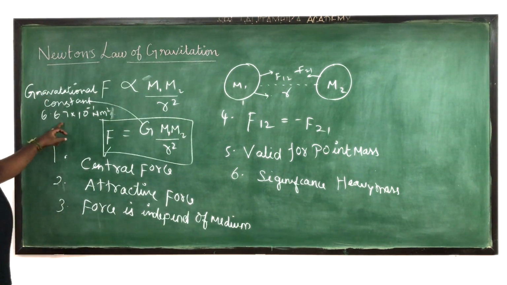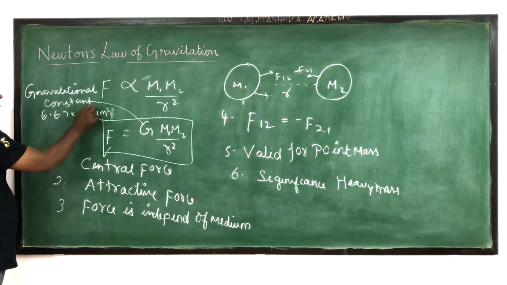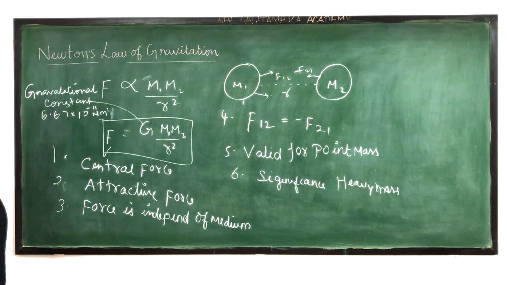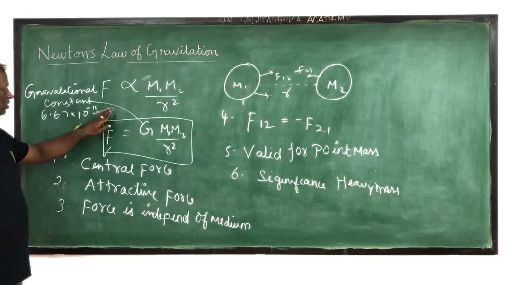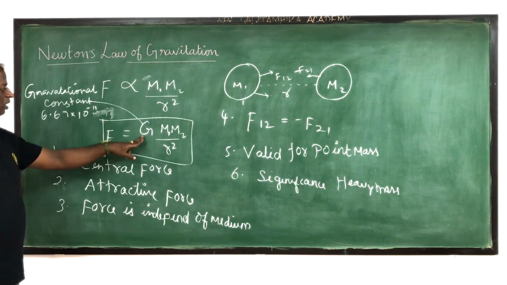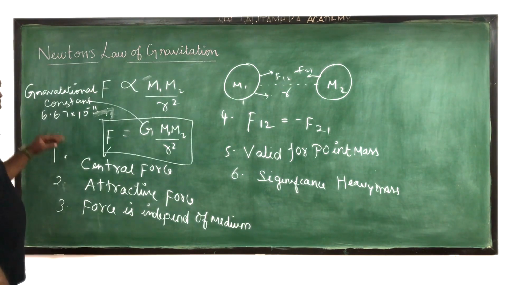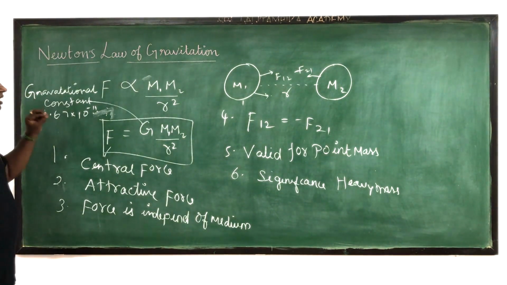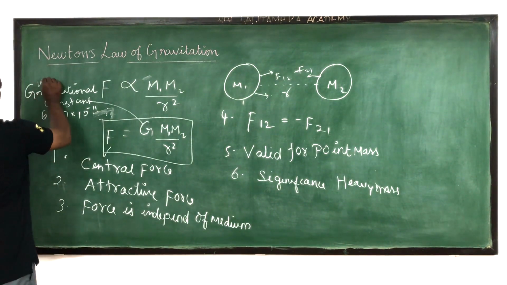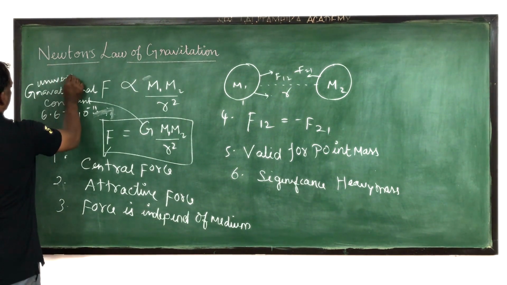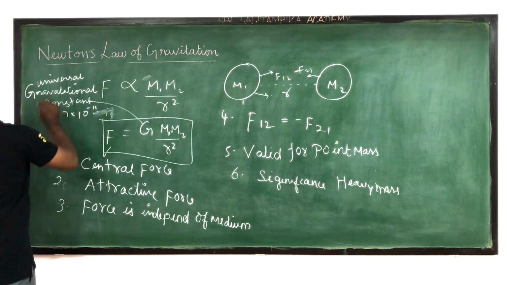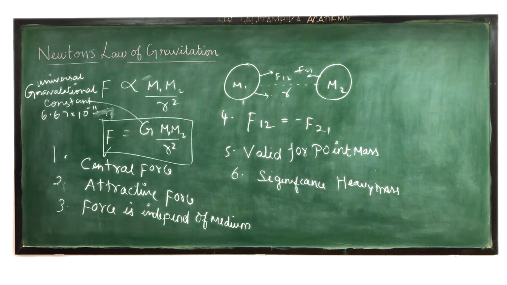So 6.67 into 10 power minus 11. So இது வந்து Newton meter square சொல்லிட்டு, இதோட வேல்யூ வந்து கான்ஸ்டன்ட். It is a universal gravitational constant. Gravitational constant or universal gravitational constant. So இதோட வேல்யூ 6.67 into 10 power minus 11.